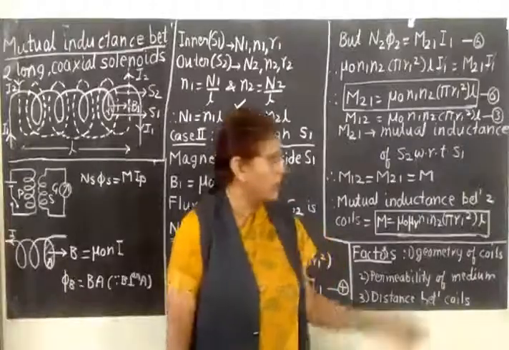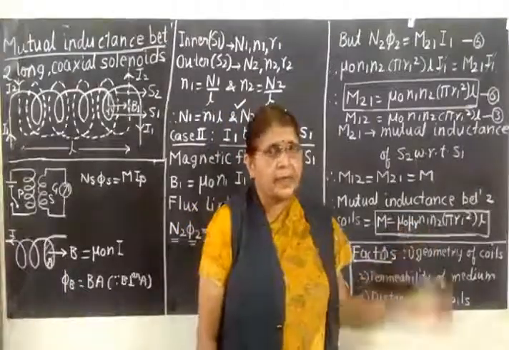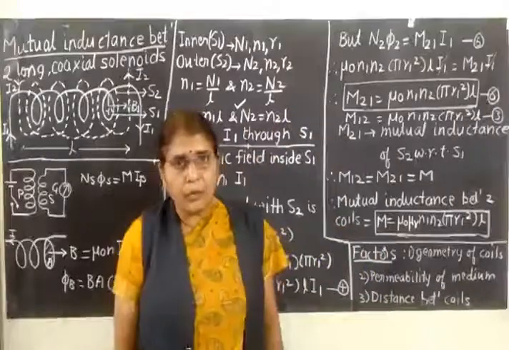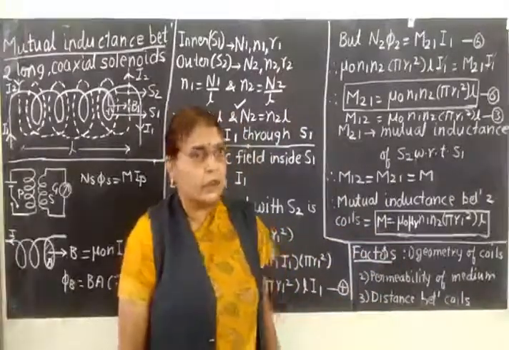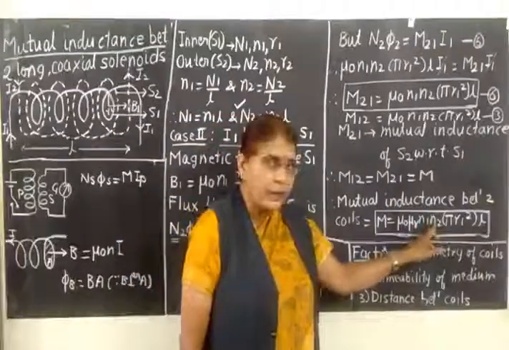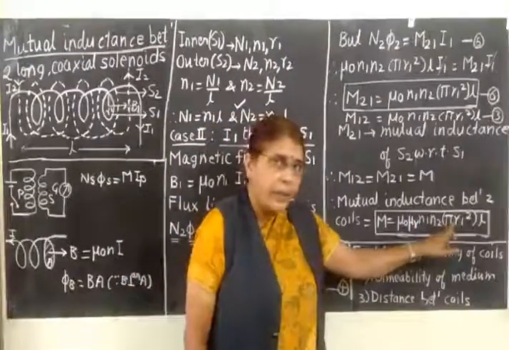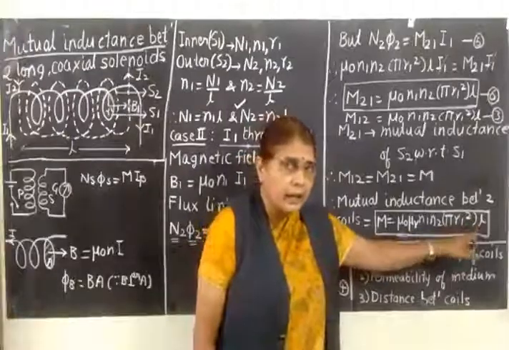Now one conclusion you can write from this equation, that is a short question: what are the factors on which mutual inductance depends? It depends upon number of turns, area of cross section, and length of the solenoid.